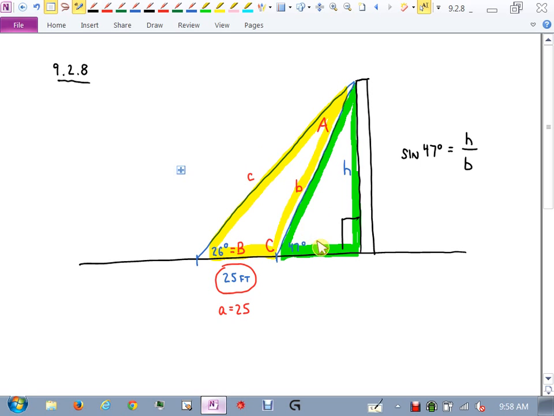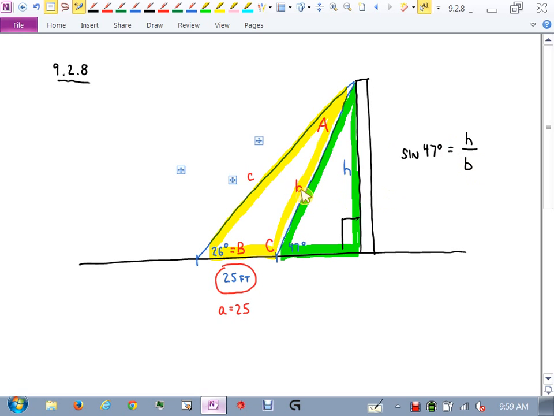The green one is a right triangle. So because of that, sine of 47 is h over b. If I knew what b was, like if it was 10, then I would multiply both sides by 10, and wouldn't I have h? So the thing that I want is to figure out what little b is. If I know what little b is, I'm in business. Yes? Okay, so how are you going to find little b?